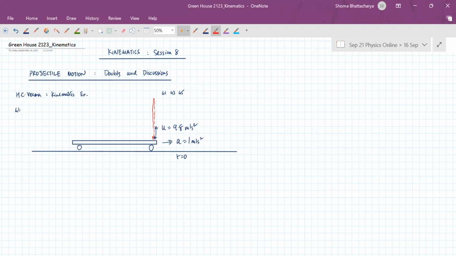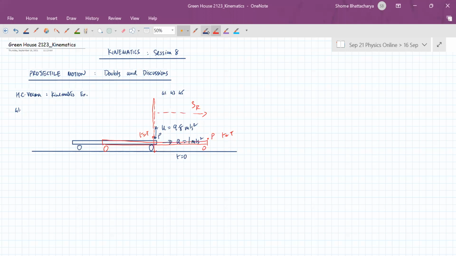But by the time the object comes down, the car has shifted forward. If the point of projection on the car was this point P, it has now reached here at time t equal to capital T. So we have to calculate this, the displacement of the railroad car during the time.